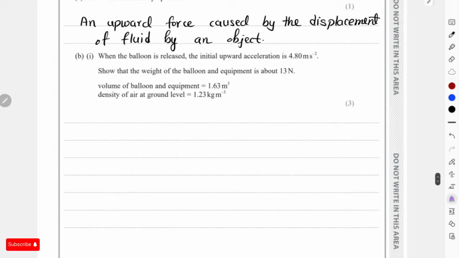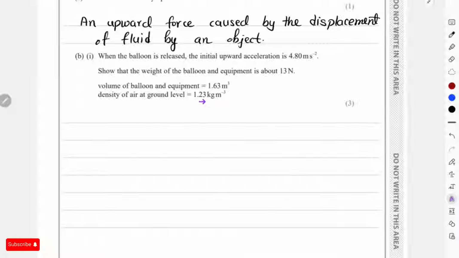Okay. Now they have also given that when the balloon is released, the initial upward acceleration is this much. Show that the weight of the balloon and equipment is about 13 Newton. The volume of the balloon and equipment is this much, and the density of the air around the balloon is almost 1.23.